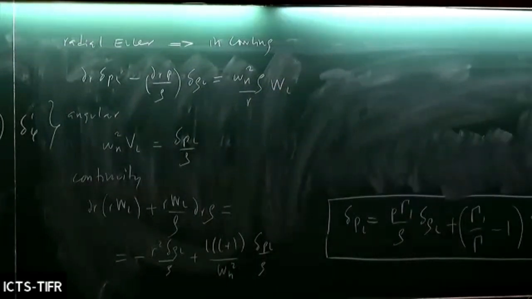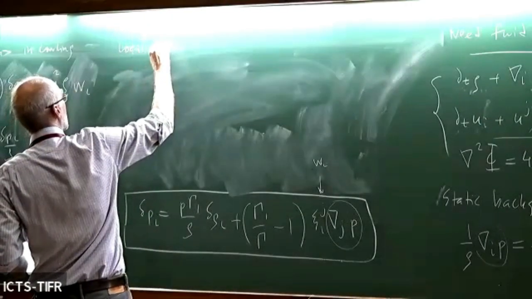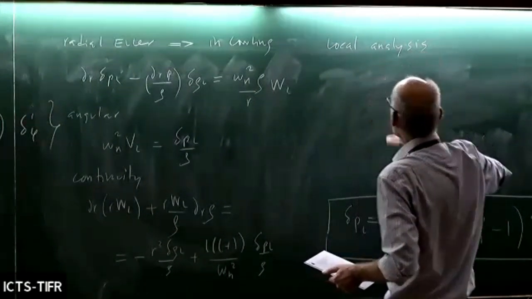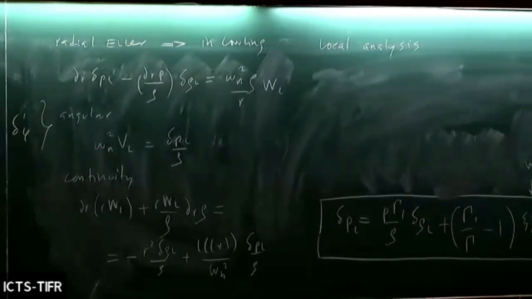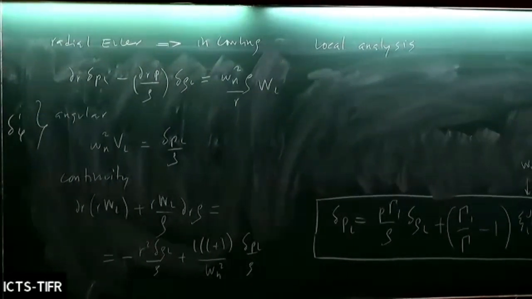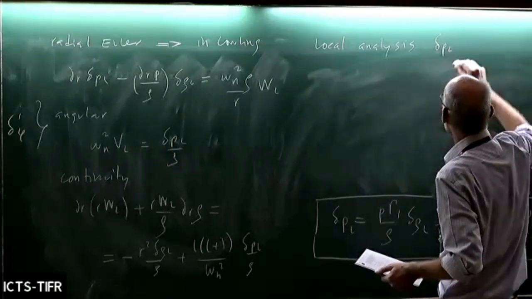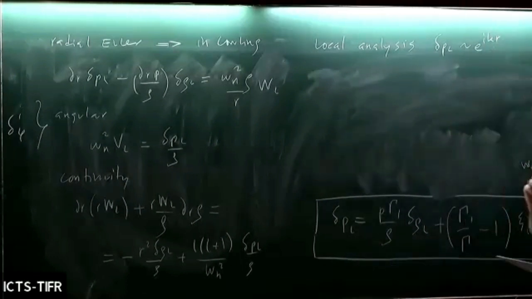There's no way on this planet we're going to do this by hand. So we're going to cheat. And the way we're going to cheat is to say, let's look locally, so short range waves, right? Look at some small scale and say that all the perturbations, say delta PL, goes like some e to the i kr, where there's a wave number.